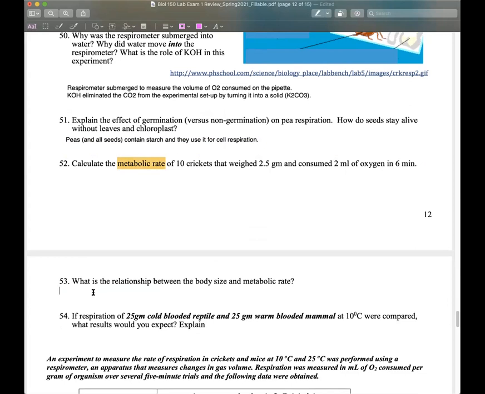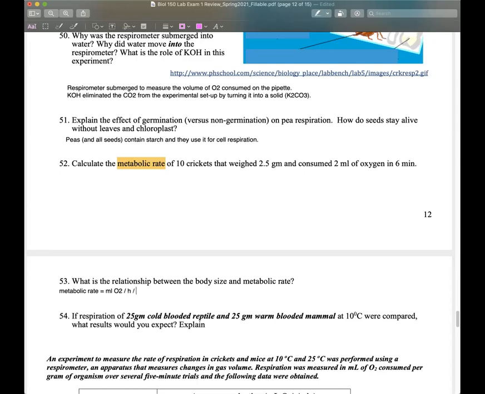So let's start with what are the units for metabolic rate? In what units are we measuring metabolic rate? So we know it has something to do with consuming oxygen, right? Because that's one of the things we measured. So milliliters of oxygen per hour.